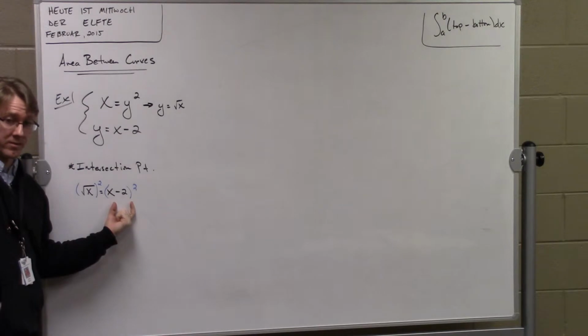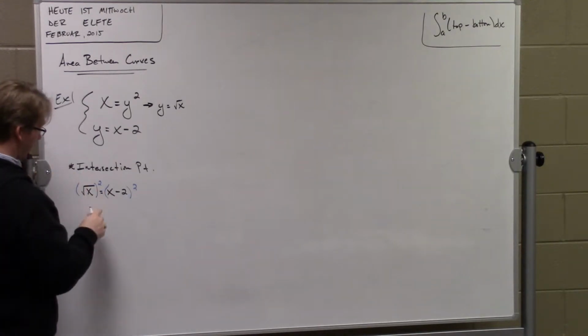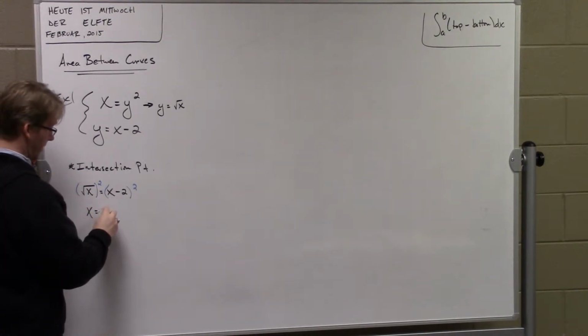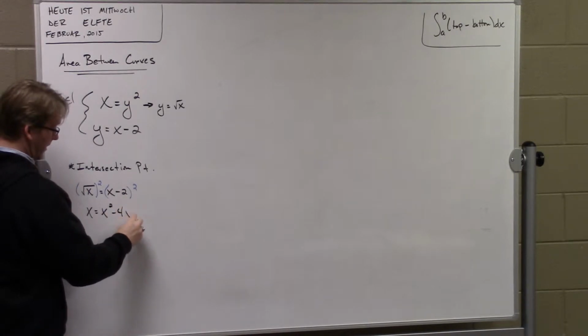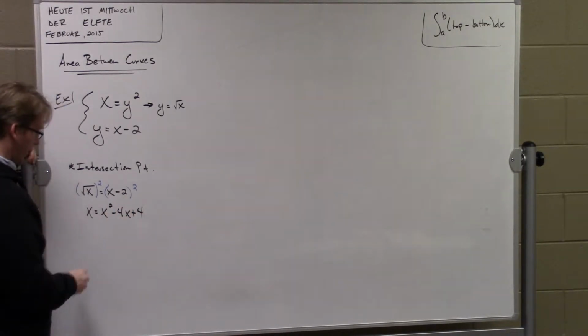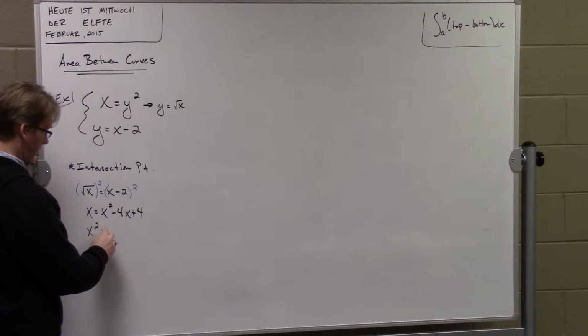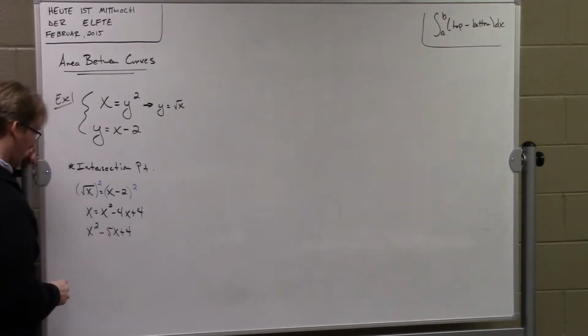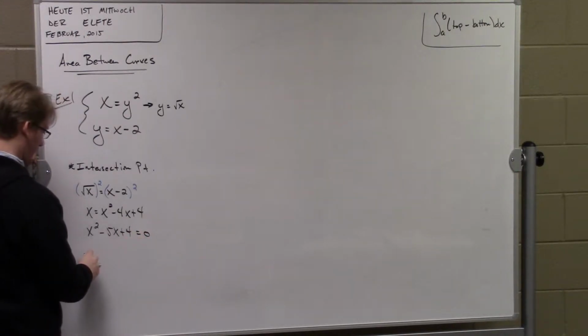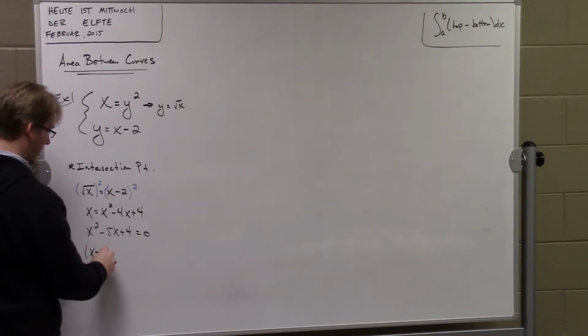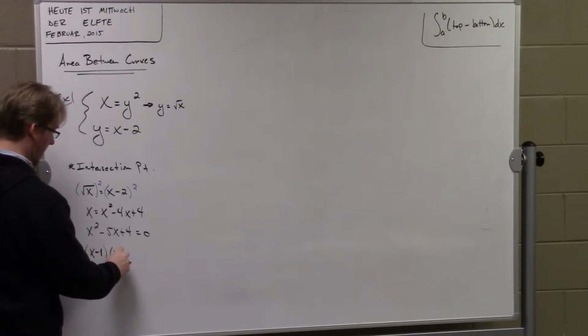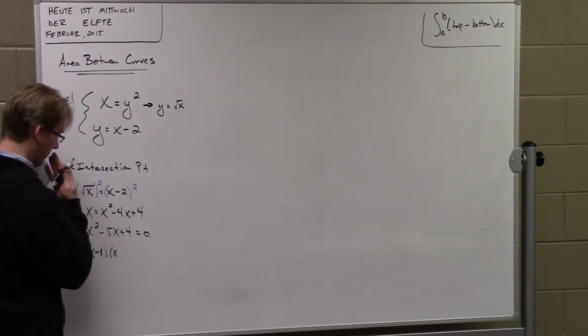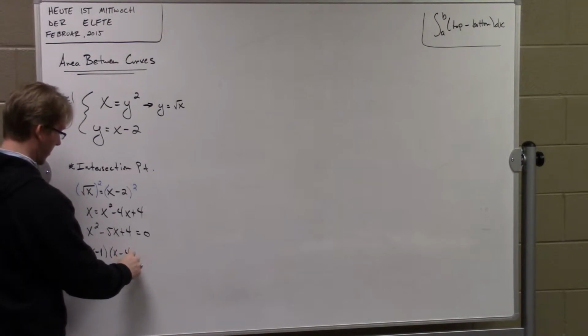This is x equal to x squared minus 4x plus 4. Bring the x over: x squared minus 5x plus 4 equals 0. That factors into x minus 1 and x minus 4.